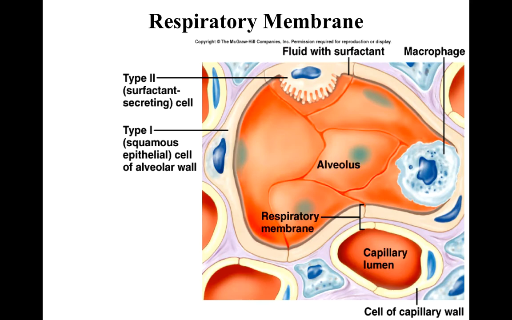Respiratory membrane we already talked about, but here's that alveolus with its simple squamous epithelium, and then you've got the capillary lumen. The thing we haven't talked about was surfactant, which helps to decrease the friction along the surface of those alveoli.